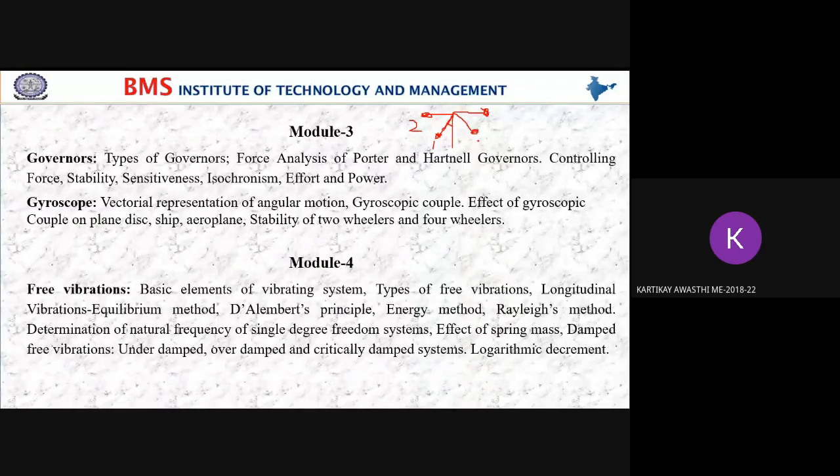Have you got the idea? What is the reason for that? Centripetal and centrifugal forces. Due to the centrifugal force, the mass will generate a force that moves towards the outside.